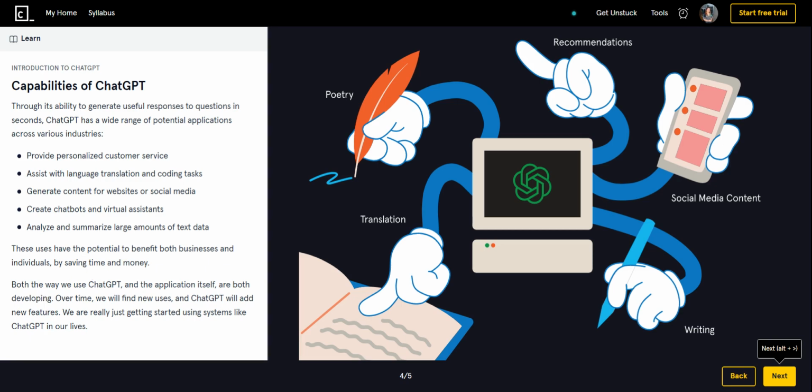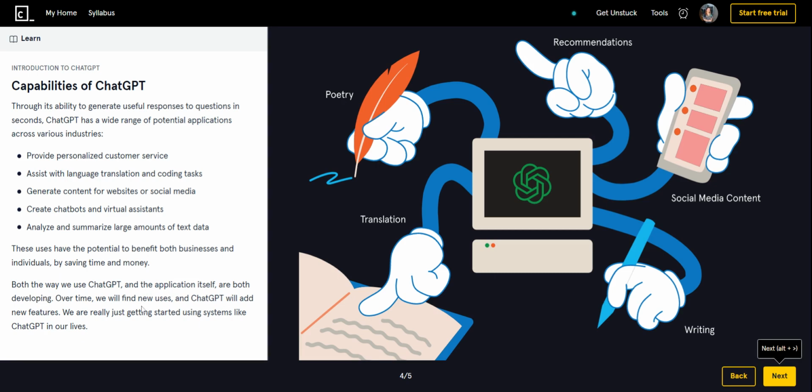But both the way we use ChatGPT and the application itself are still developing.